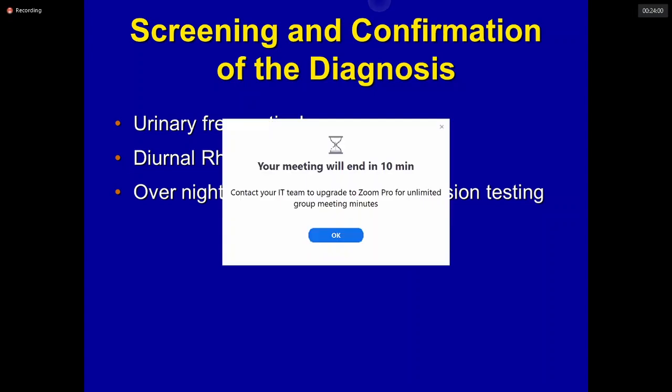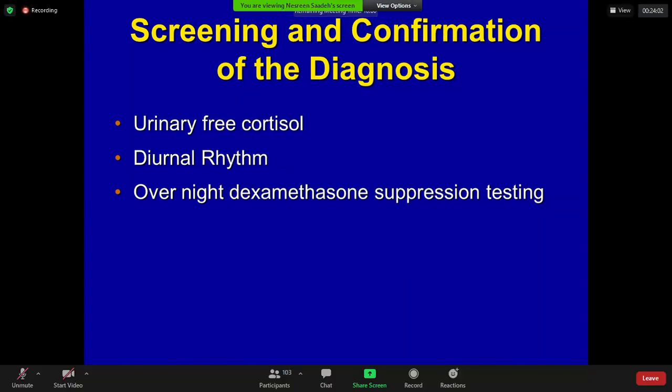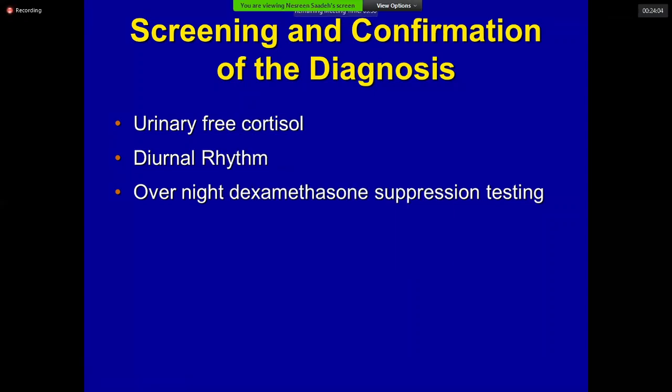And lastly, the other way to confirm this diagnosis would be to do dynamic testing for suppression. We remember the CRH, ACTH, and cortisol axis. So when we give a medication like dexamethasone, which is a steroid, in supraphysiologic doses, that's 1 milligram at night, and we test for the cortisol the next morning, the endogenous cortisol will be suppressed.